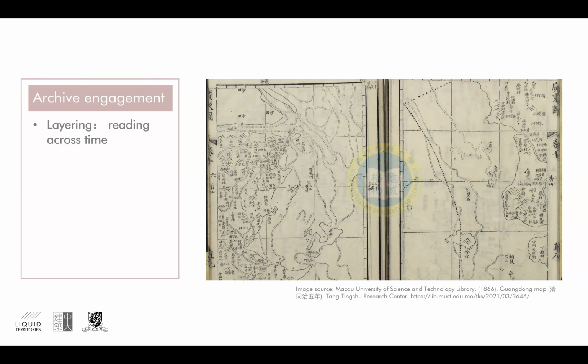For example, here we have a map of Guangdong made in 1866. It's a hand-drawn map made in the Qing Dynasty, representing a schematic perception of Guangdong province. There are key trade routes, key cities, islands, and administrative centers within the Pearl River Delta.